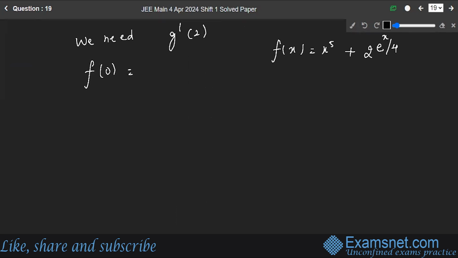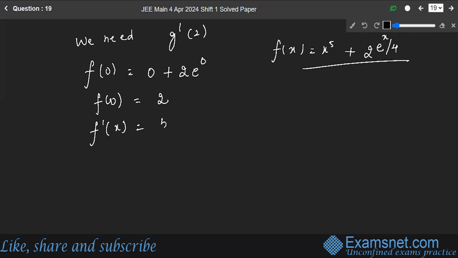So f of 0, this gives me 0 plus 2 into e power 0. So this will be equal to 2, right? Also f dash x. From here, what will be f dash x? It will be 5 into this plus 1 by 2 e power x by 4.